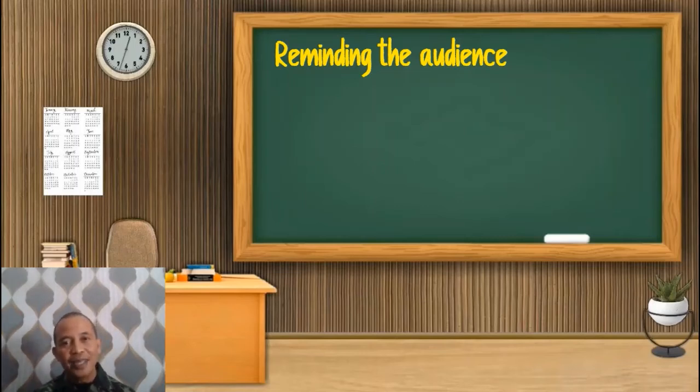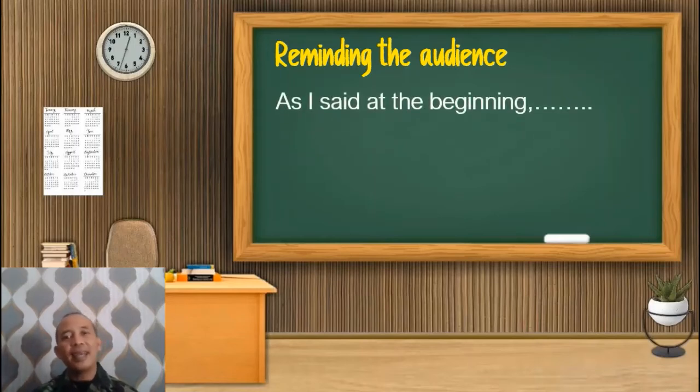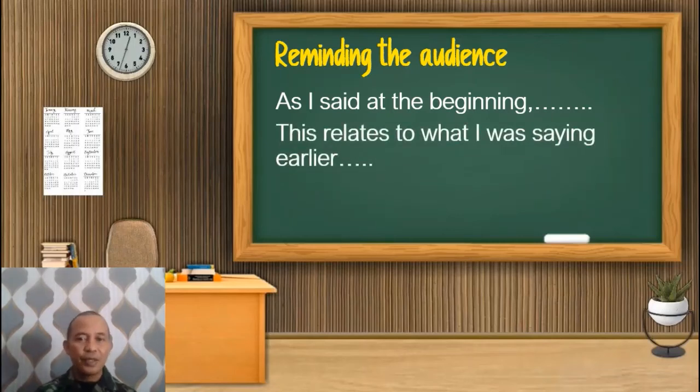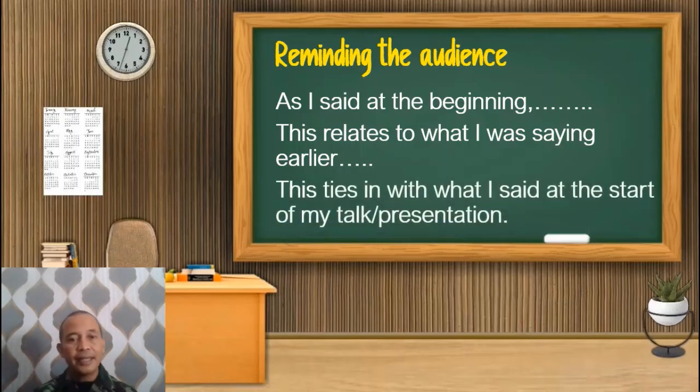To remind the audience that you mentioned this already, you can say: As I said at the beginning, or, this relates to what I was saying earlier, or, this ties in with what I said at the start of my talk or of my presentation. Ties in means that something is related to another thing. When two things tie in, they have a very strong correlation.